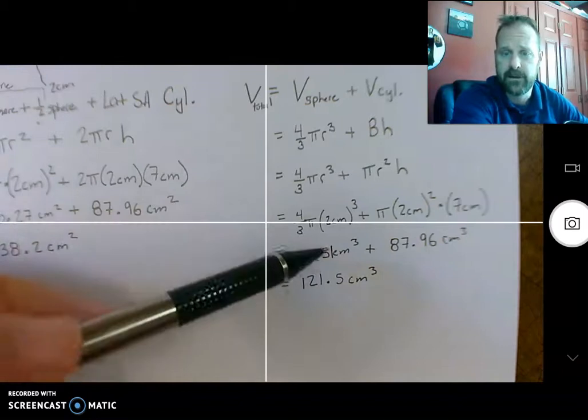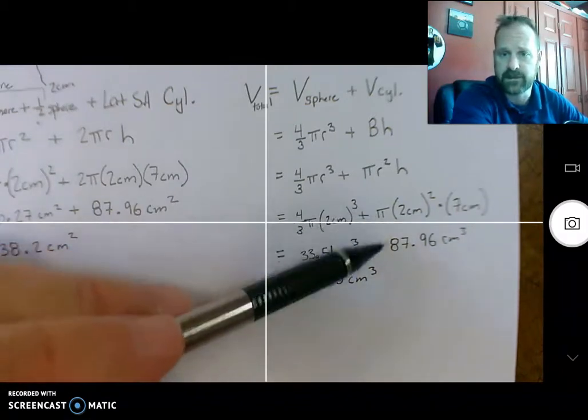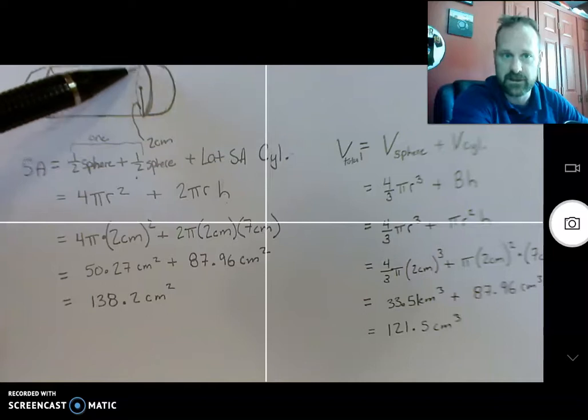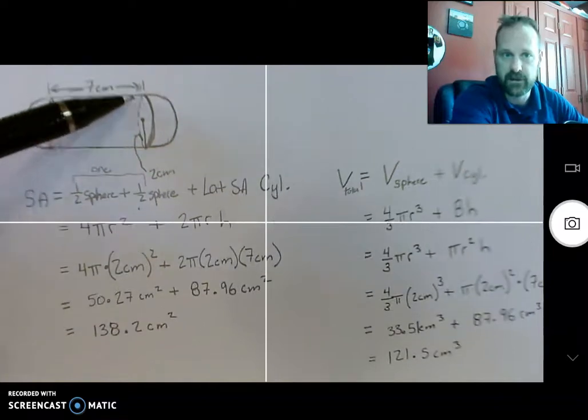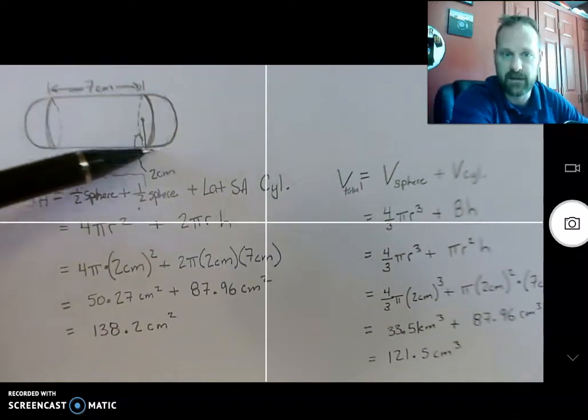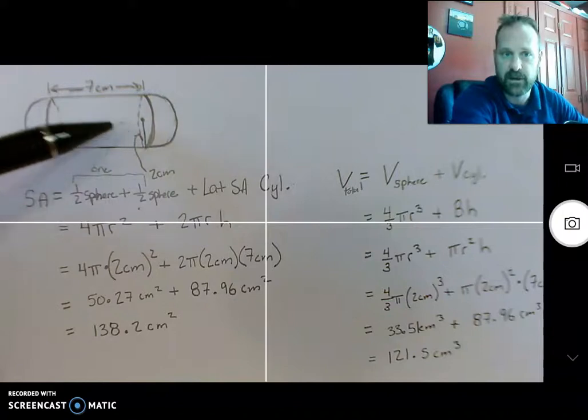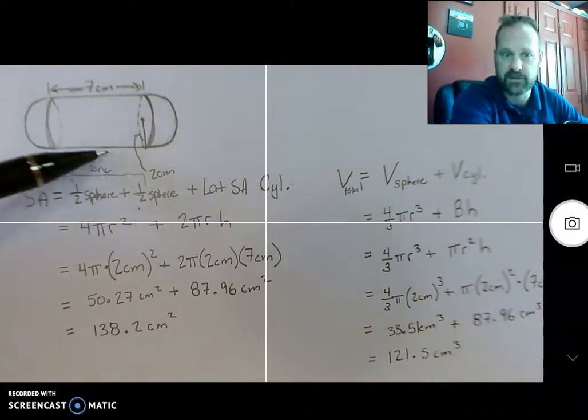I like to check my work to see if it makes sense, because really the volume of this cylinder should be larger than the sphere. I can draw a sphere in right up here, so my math number sense, looking at a sphere, like if this is a tennis ball, if I put one tennis ball right here, I've got probably room for 2 other tennis balls plus room to spare.